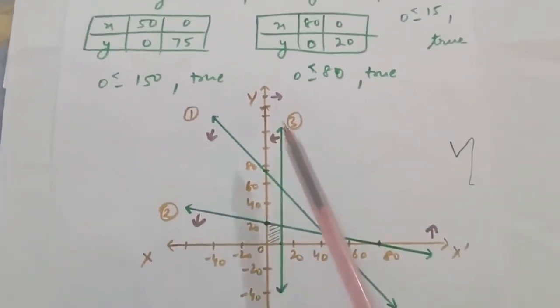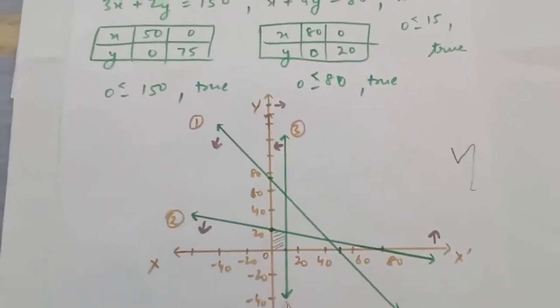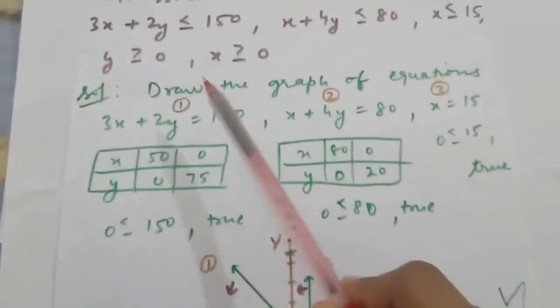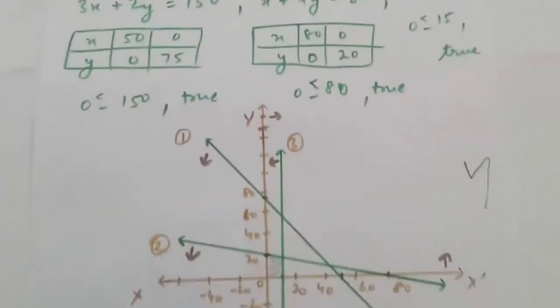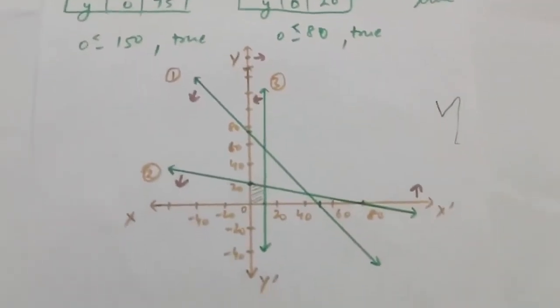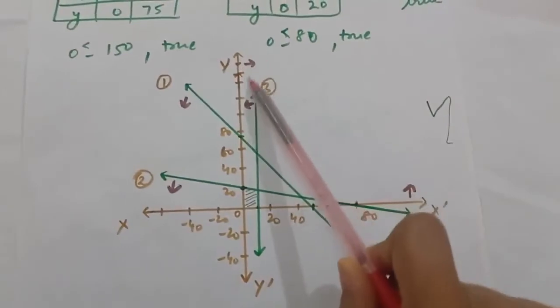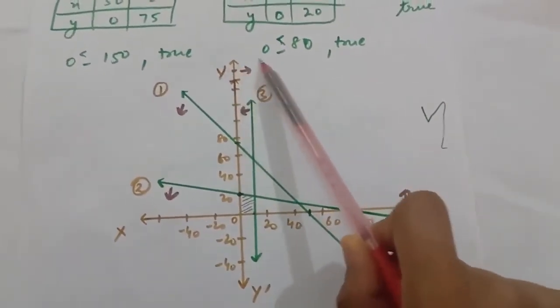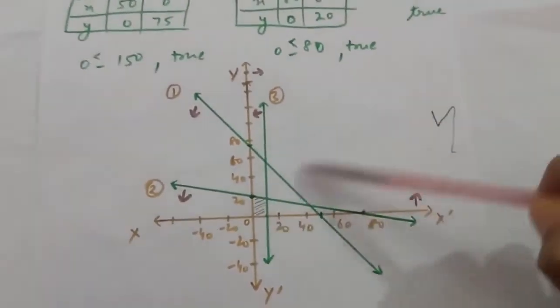Origin is on this side, therefore solution will lie on this side only. Clear? Okay, for fourth and fifth inequality, y equal to greater than 0 and x equal to greater than 0, we know the solution will lie in the first quadrant. So for this, for y-axis, you have to move right hand side and from x-axis you have to move on upward side.